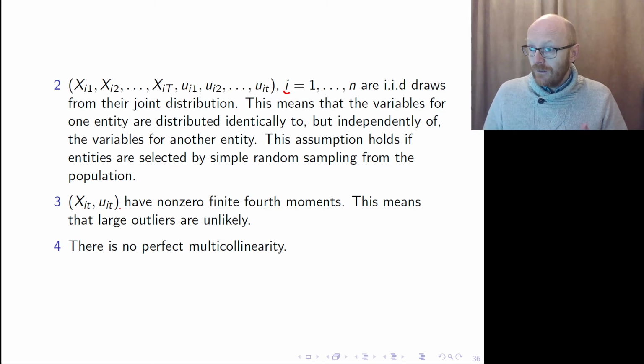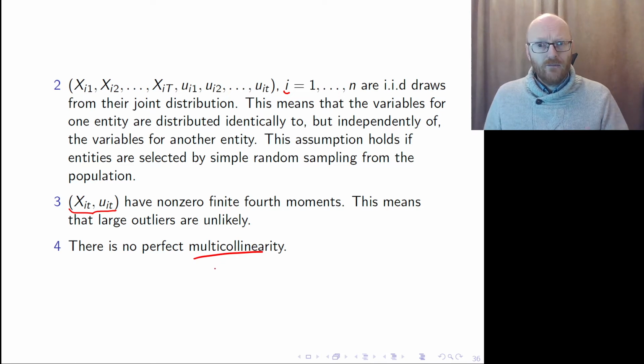And thirdly, we have to have that the pair of the x and the residual have non-zero finite fourth moments. It means that we are unlikely to see outliers. And there should be no perfect multicollinearity.